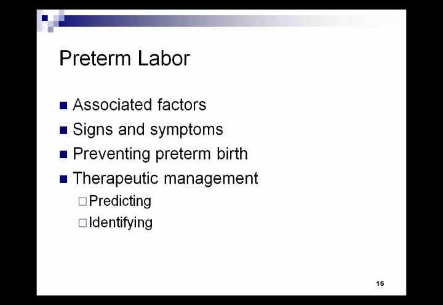What are signs and symptoms of early preterm labor? Well, there may be uterine contractions, but they may not be painful. It's more of a sensation of the baby balling up. There may be cramps similar to menstrual cramps, and there may be some type of low back pain and pelvic pressure.